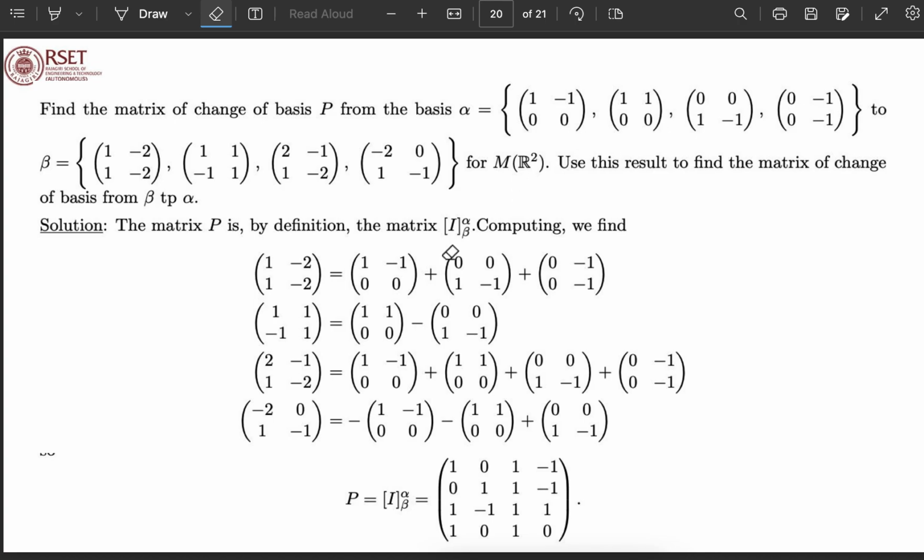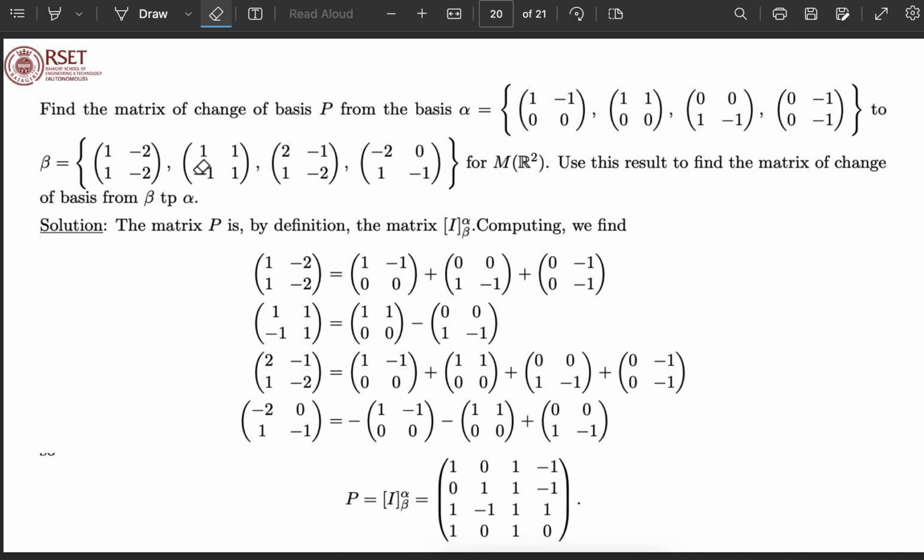Now write the coefficients of these matrices as the first column, that is (1, 0, 1, 1).